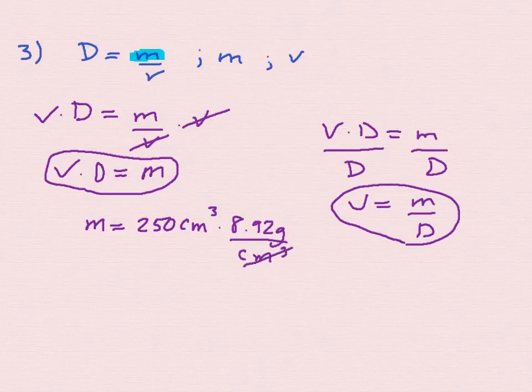So the cubic centimeters will cancel, and you're left with a product of 250 times approximately 9, which works out to 2,230 if you do the rounding and all that. 2,230 grams is your mass, or 2.23 kilograms. It would be the same thing.